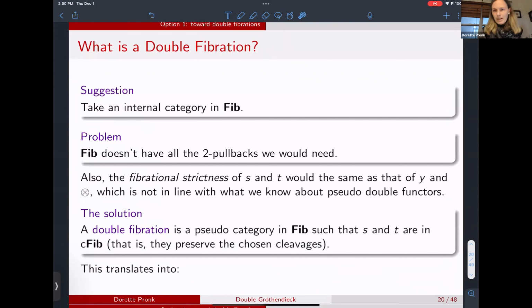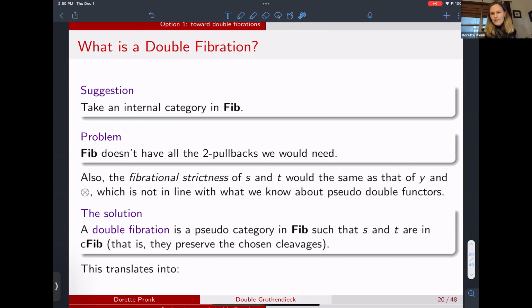So what is a double fibration? When we started out thinking about that, the first suggestion was, hey, let's take a category object in Fib. Problem: Fib doesn't have all the pullbacks that we need. And also, if you actually do that, you realize that you're asking for the same fibrational strictness for source and target as you're asking for identities and composition. And that's not right.